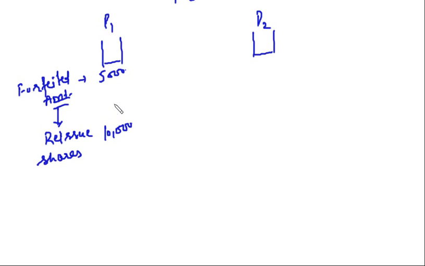But the Companies Act says that in case you reissue the forfeited shares, then the balance of the forfeited shares account will be transferred to pocket 2. This 5,000 will be transferred to pocket 2, and what you will have in pocket 1? 10,000 rupees. In pocket 2 you have 5,000 rupees.